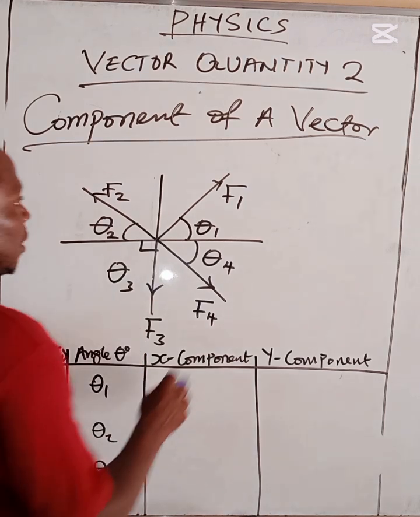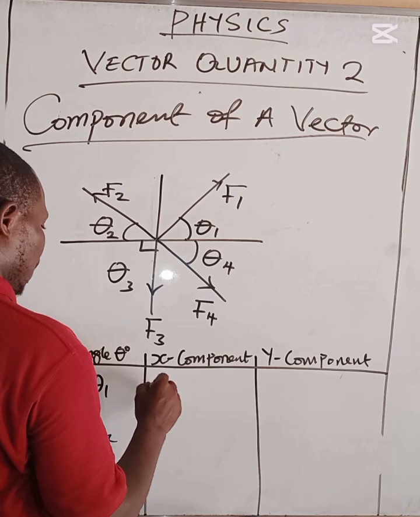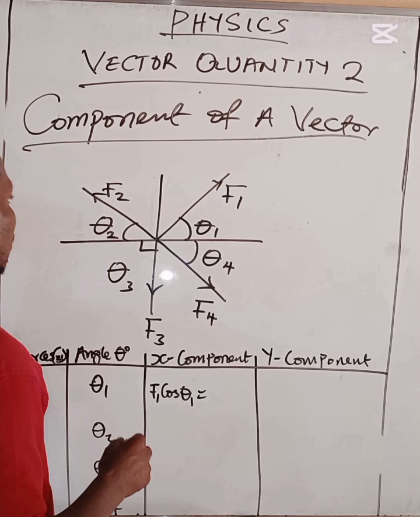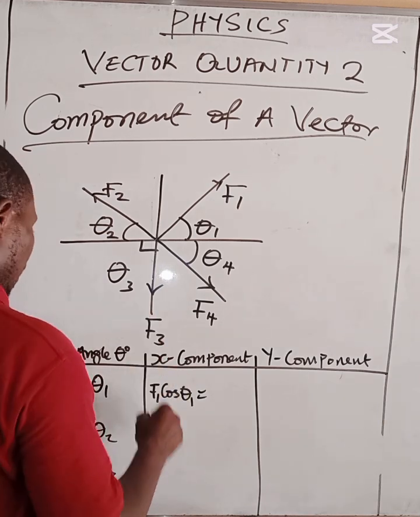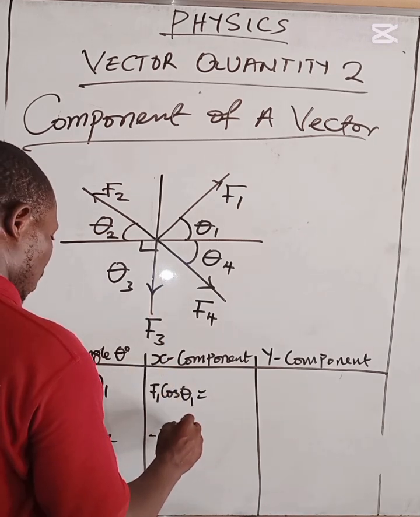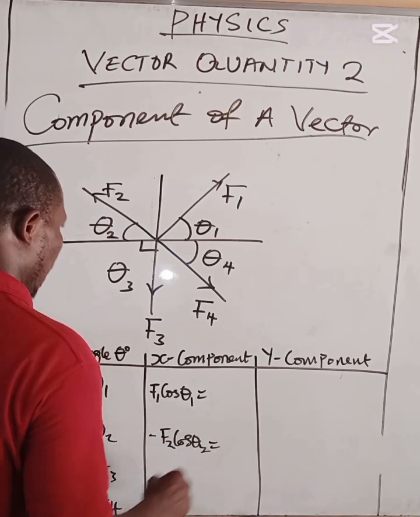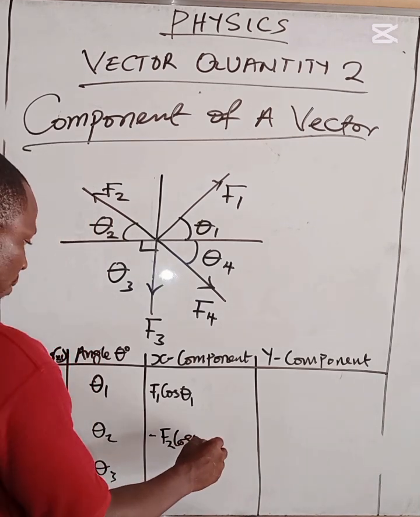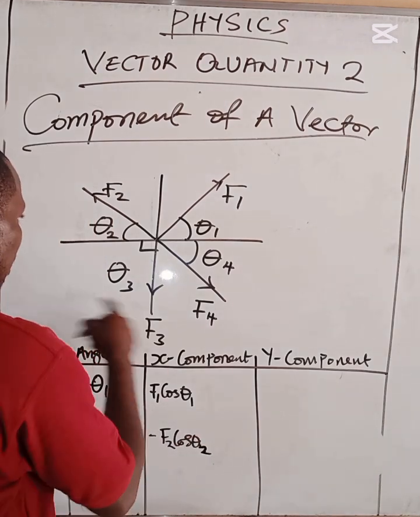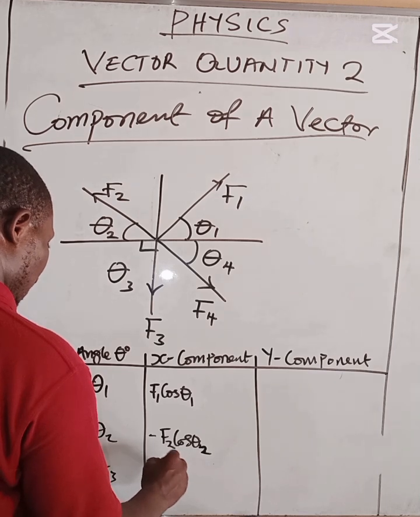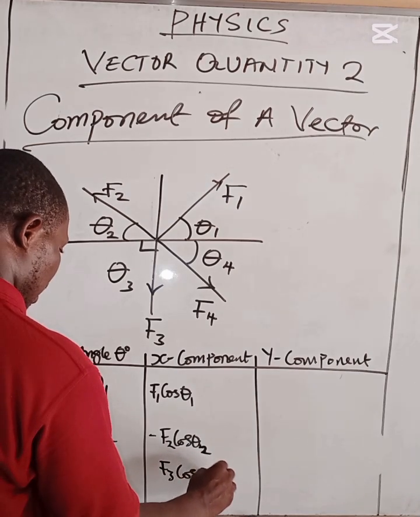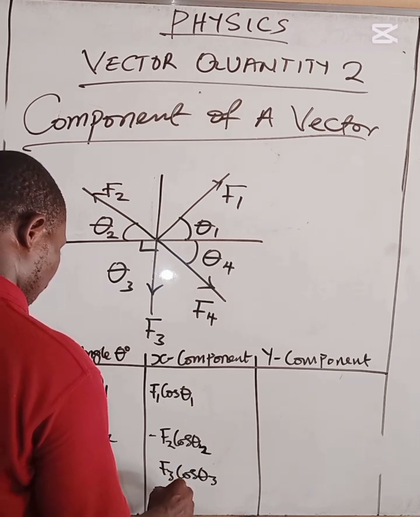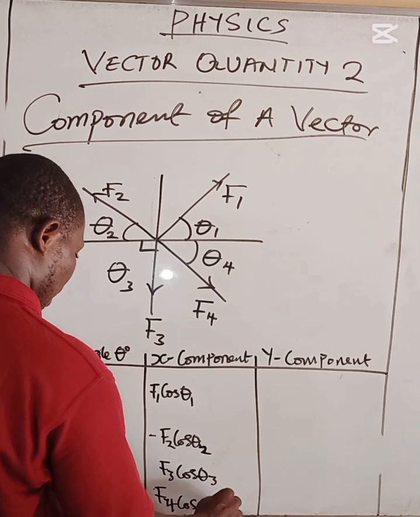Your x component is going to be F1 cos theta 1. This one is on the left, so it's going to be minus F2 cos theta 2. There's no point since there are no numerical values, so let me just put it this way. This one is neither left nor right, so consider it positive, F3 cos theta 3. This is right, so also consider it positive, F4 cos theta 4.